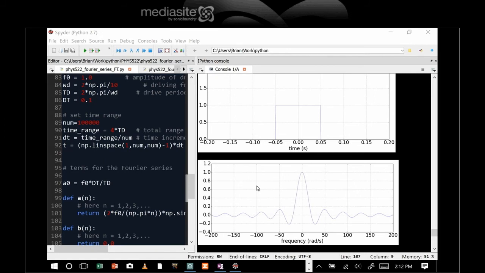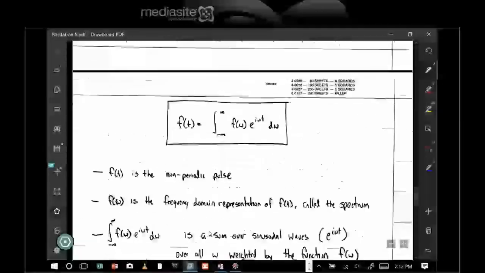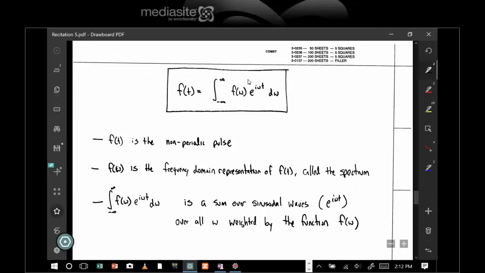All right. So this is the concept of a Fourier transform. And again, just to summarize, understanding what this means physically, f of omega represents the spectral content of a wave, of a single pulse.